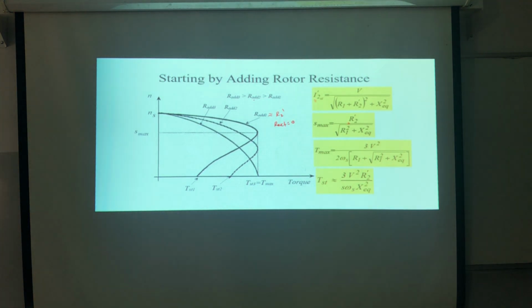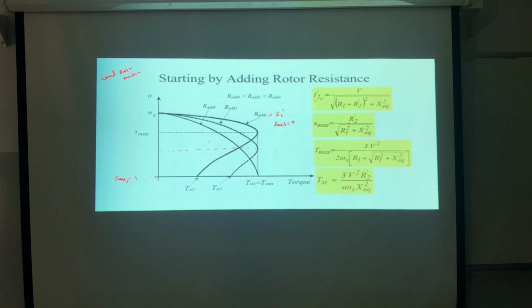Then if I'm adding a resistance, what will happen? T max is not changing, but what I'm changing is the S max. So I can shift the maximum torque such that I can put it at S max 3 equal to 1. But this is only valid for a wound rotor machine.